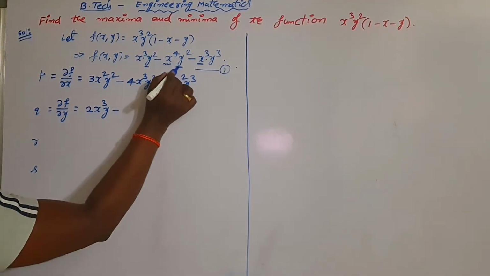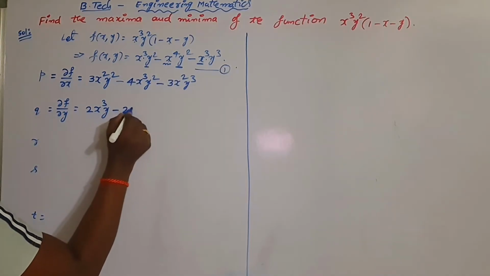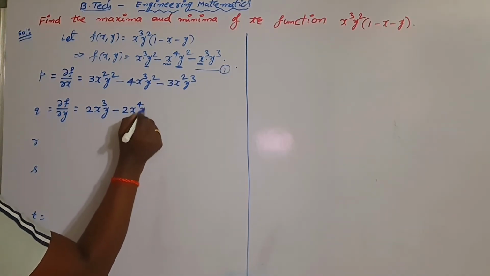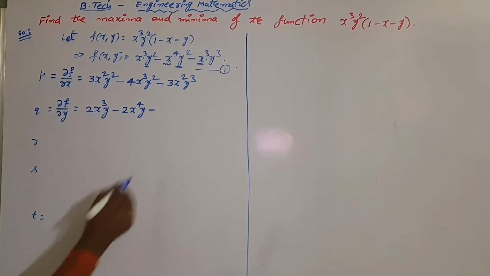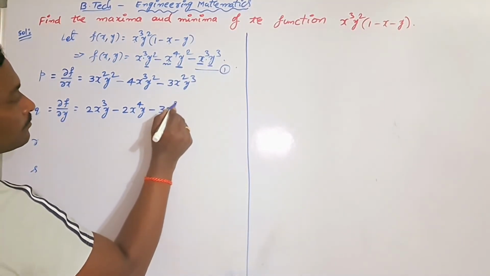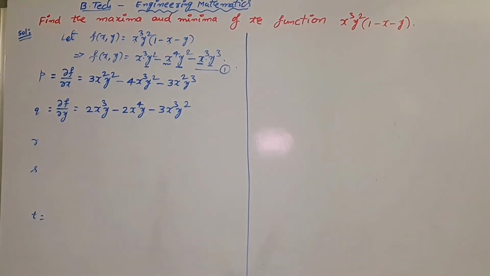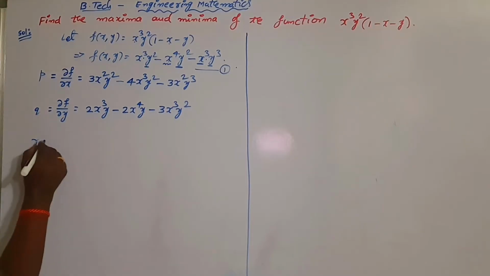Take the derivative of y² with respect to y. It would be 2y, and x⁴ is already there. That's why I am writing 2x⁴y, minus the derivative of y³, which is 3y².